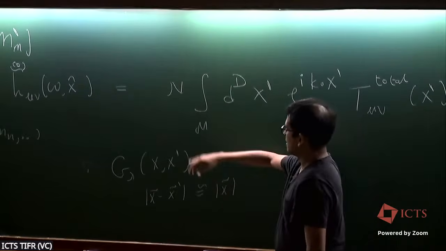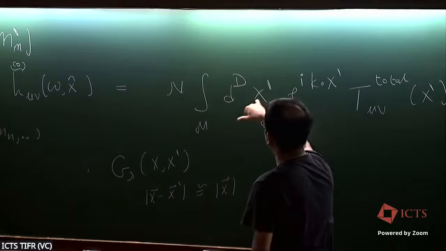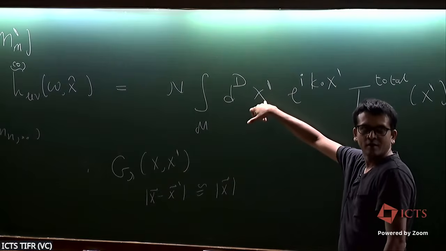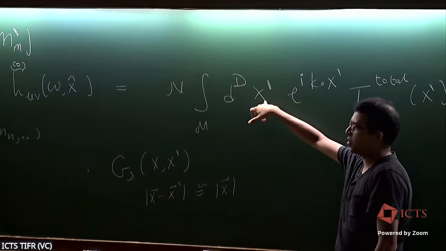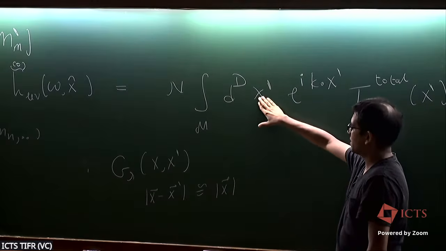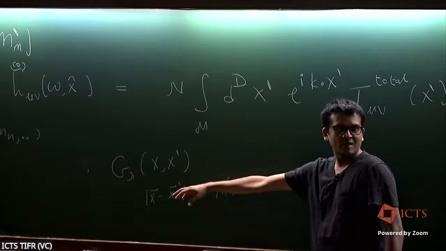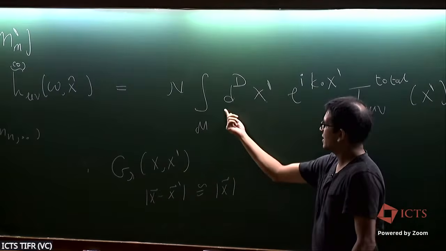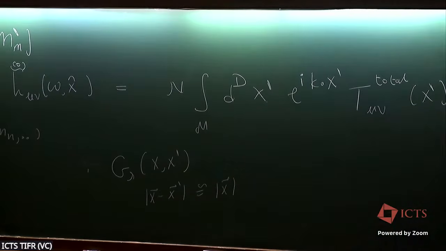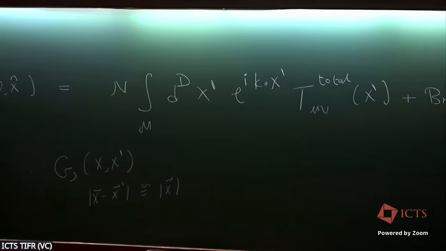But there is a caveat here, because we are integrating over the entire space-time. So this is a little naive, because there are x prime points which are very close to x. So this has to be done suitably. But for the purpose of this lecture, it just means that we have to adjust some boundary terms at infinity. So I'll just write it like this.